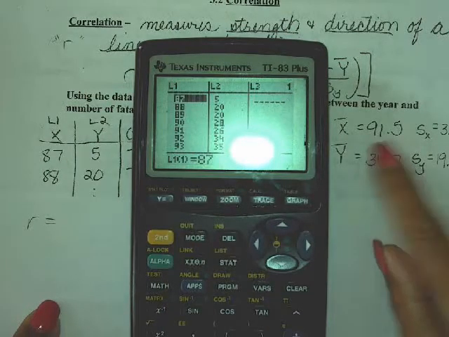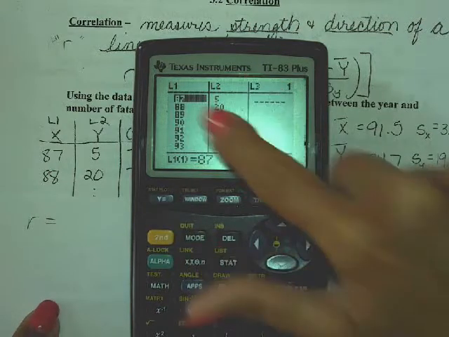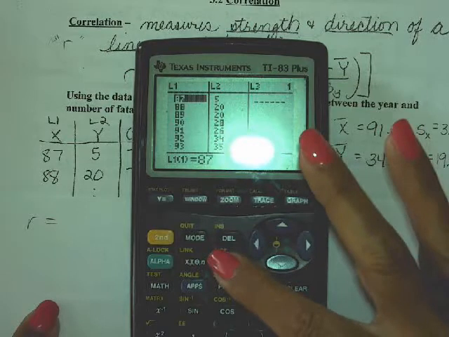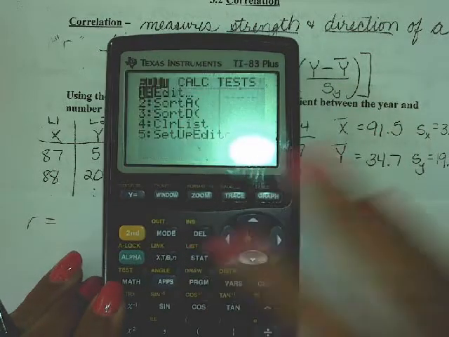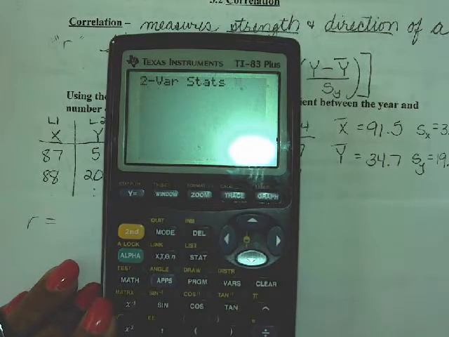Calculate, and if I go down to 2 variable statistics, it will actually use list 1 and list 2 if I don't follow with any other typing, and it will find the mean of list 1 as the x, and it will find the mean of list 2 as my y variable.